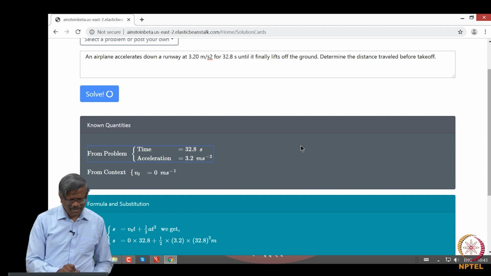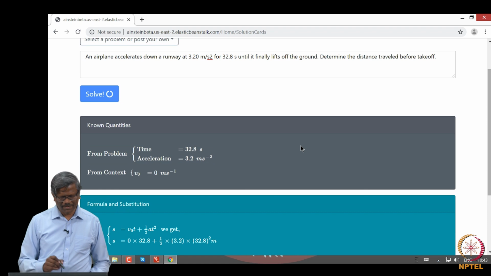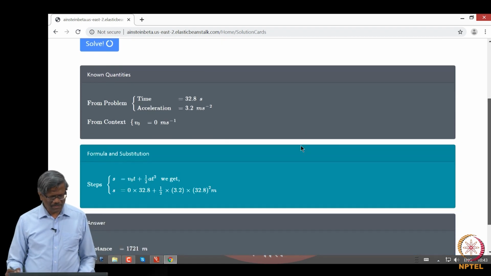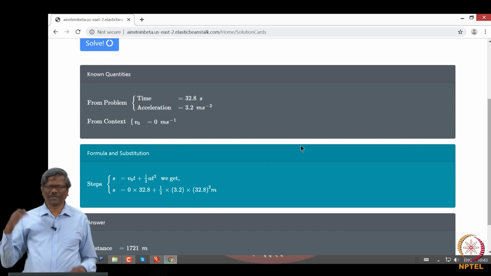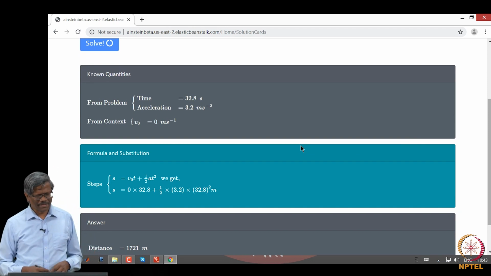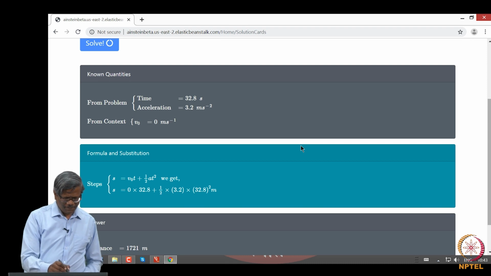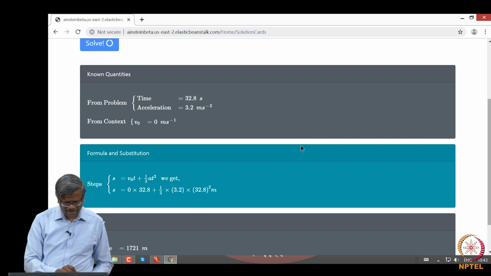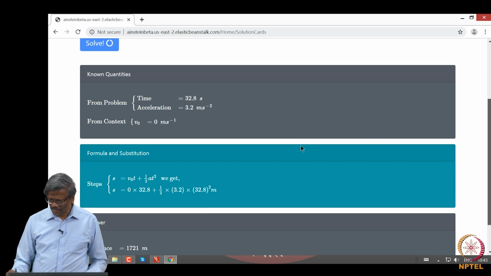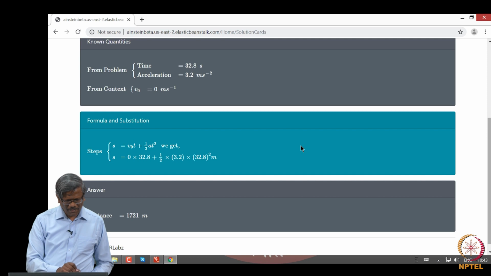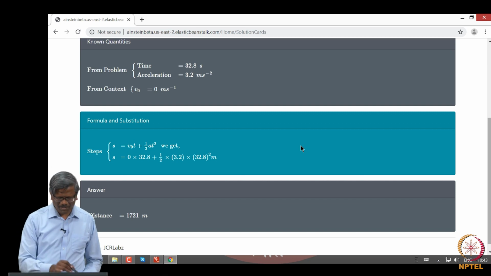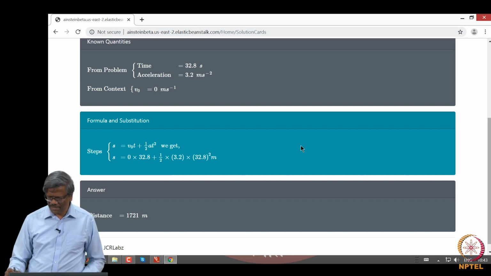So, the initial velocity is going to be 0 meters per second, okay. And then it looks at all these values and tries to find out which formula it fits into, and then replaces those symbols in the formula with the values, and finally it computes the distance, right. So, it computed the distance as 1721.